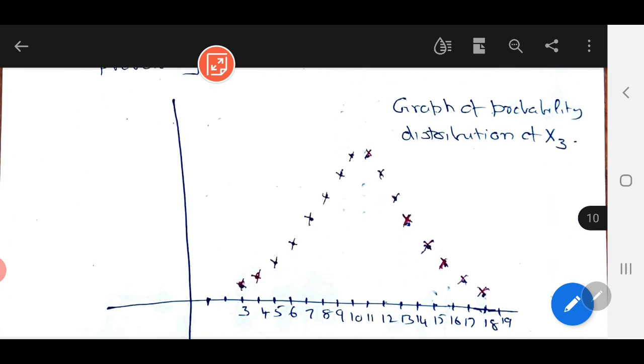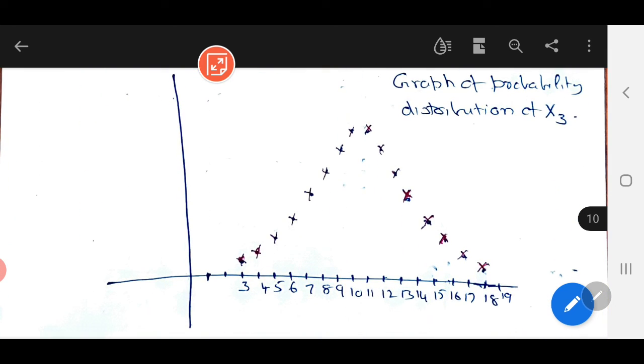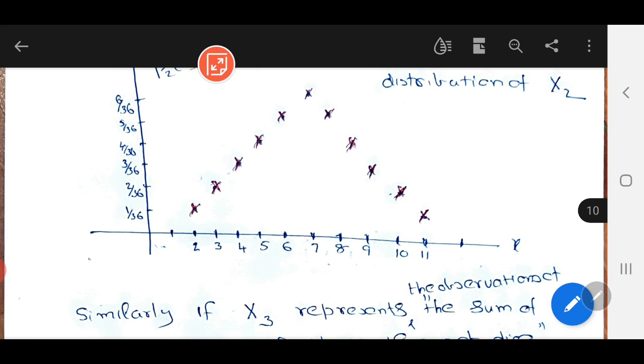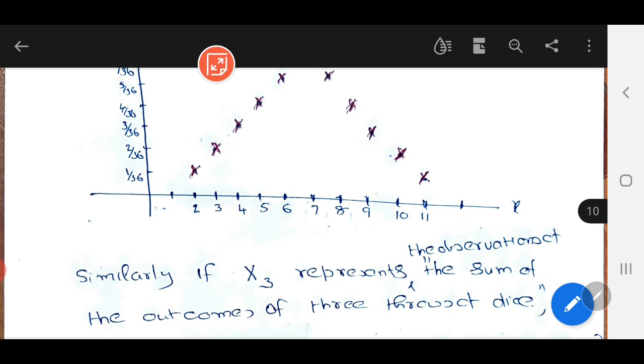R2 has 2 to 11. If you add two numbers between 1 and 6, the minimum is 2 and the maximum is 12. I forgot to write 12 there. So R2 is 2 to 12.